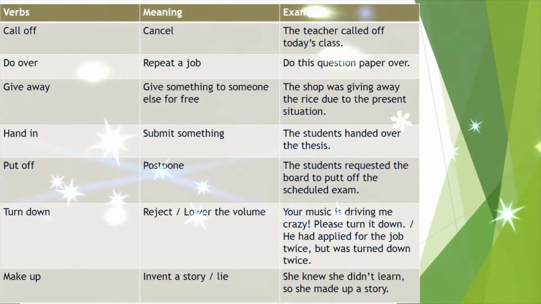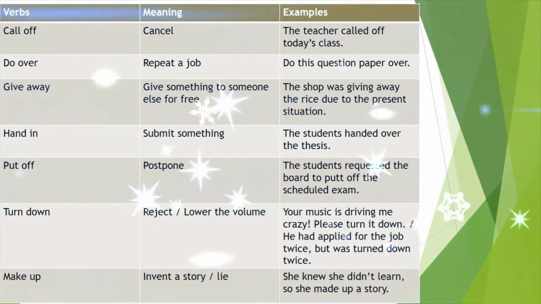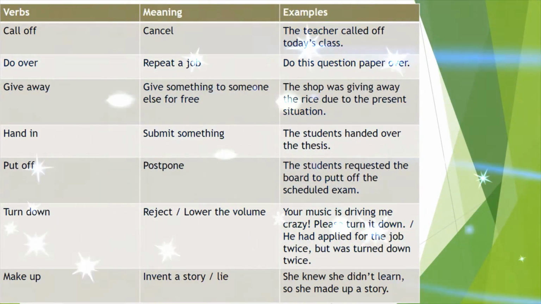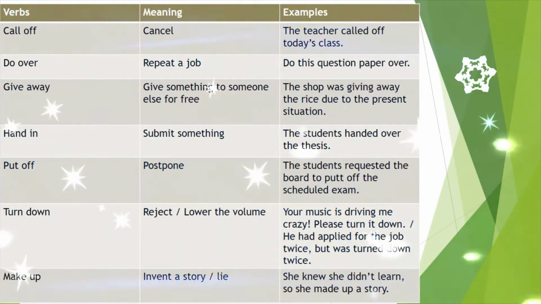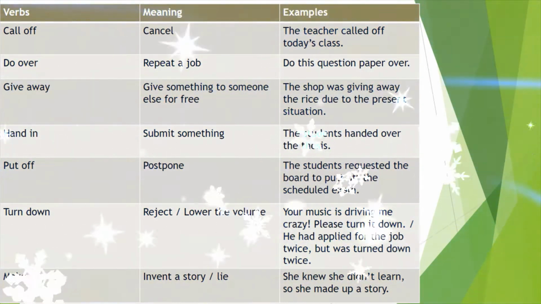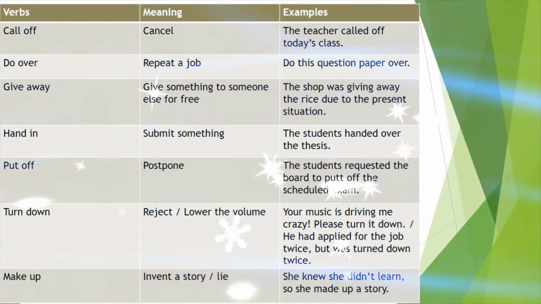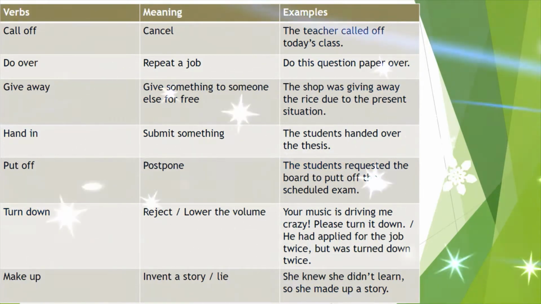So here I am giving a list of phrasal verbs along with their meaning and example, which we normally use. The first one, call off. Meaning is cancel. So the example goes like this: the teacher called off today's class. Next one, do over.